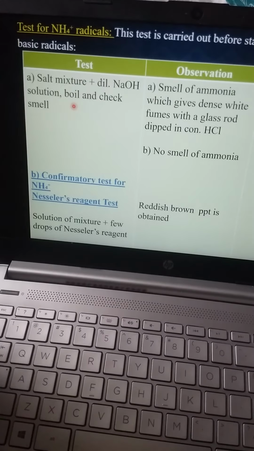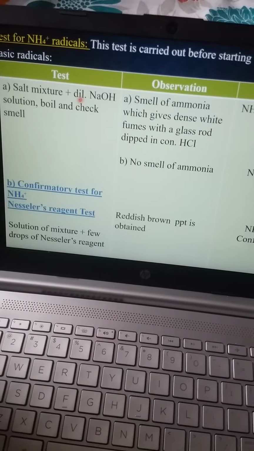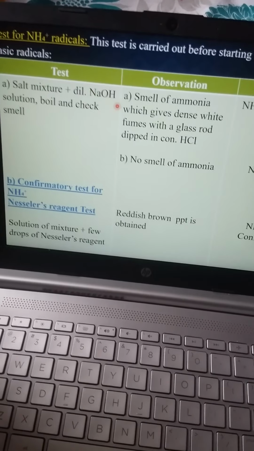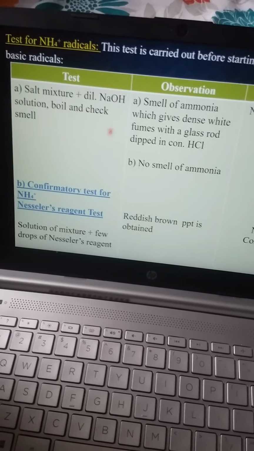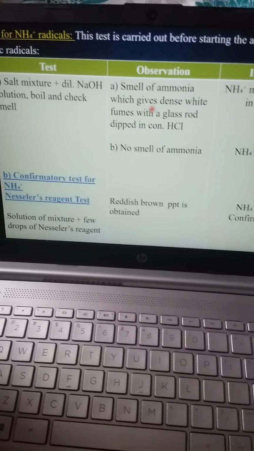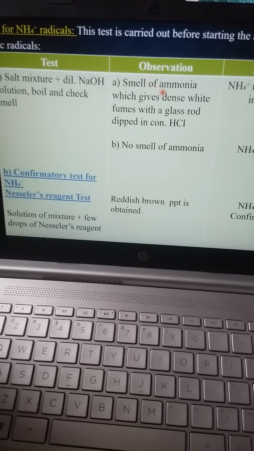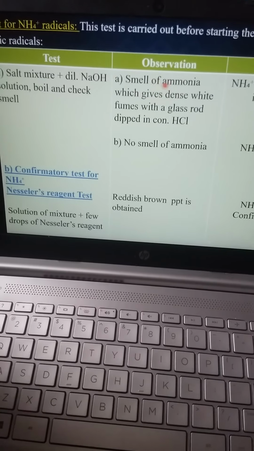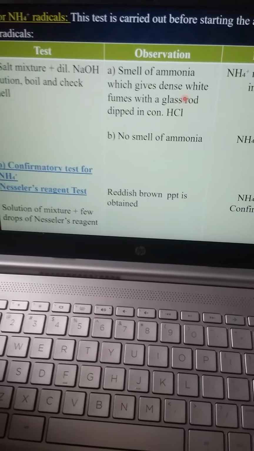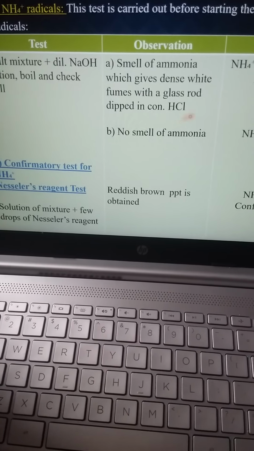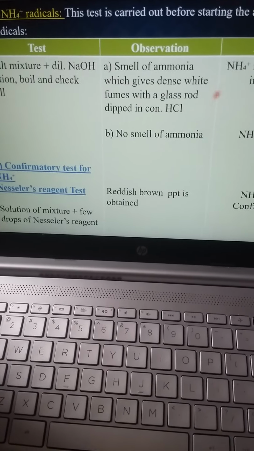In a test tube, take the salt mixture and add dilute sodium hydroxide solution. Then heat the solution. You will observe a smell of ammonia, which gives dense white fumes with a glass rod dipped in concentrated HCl.